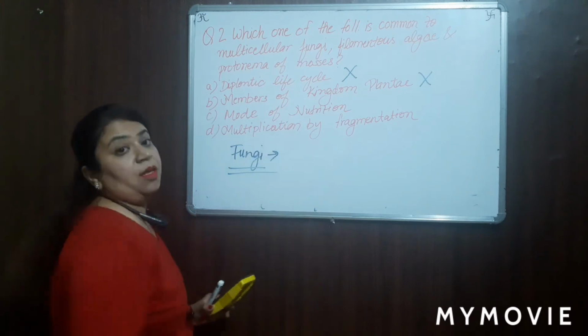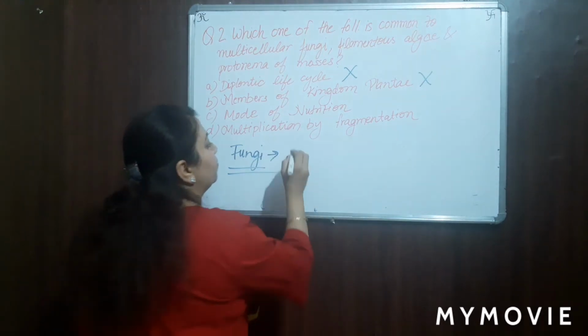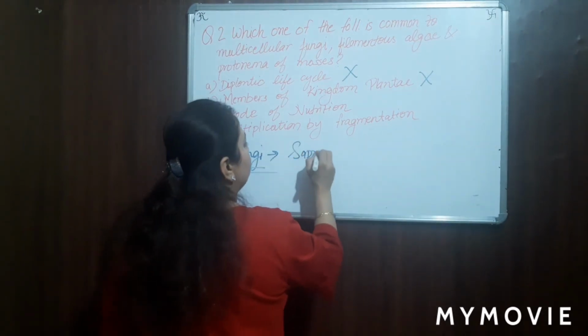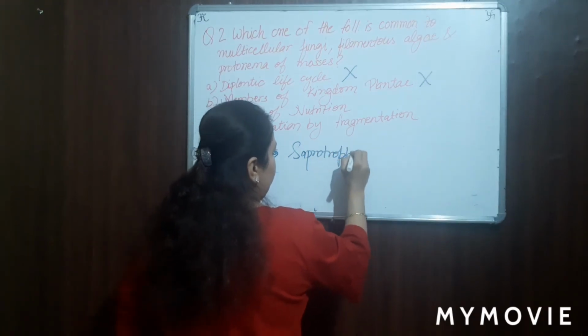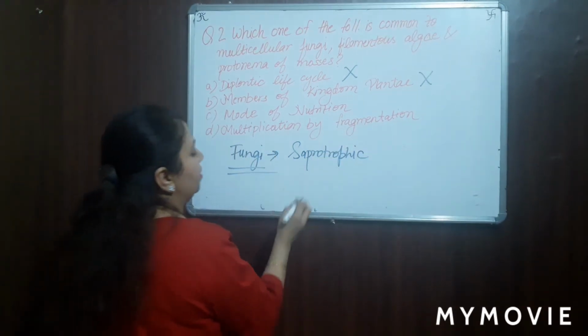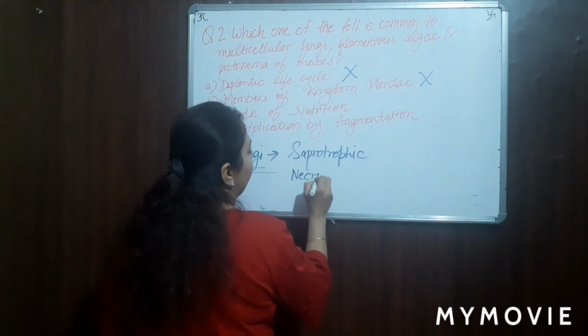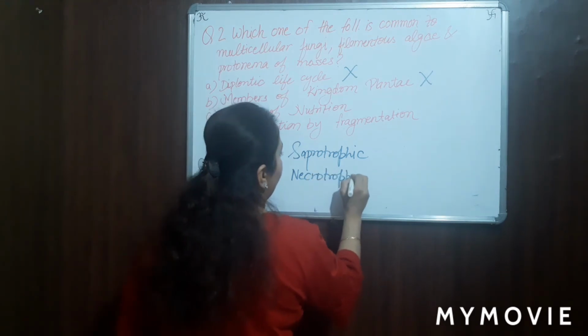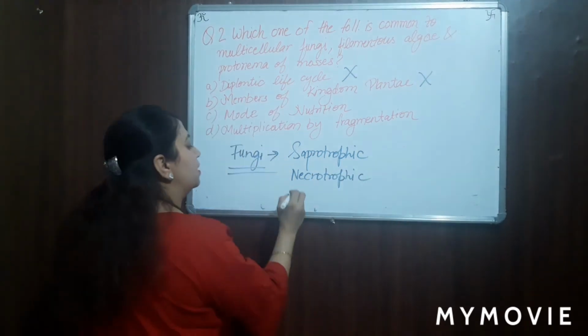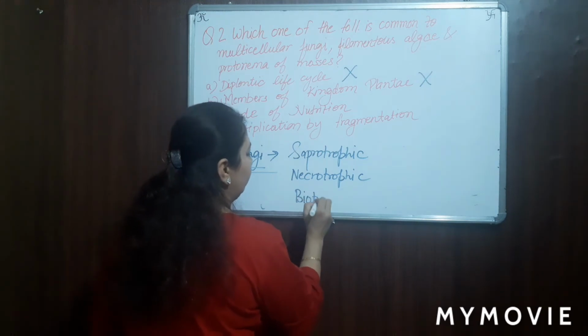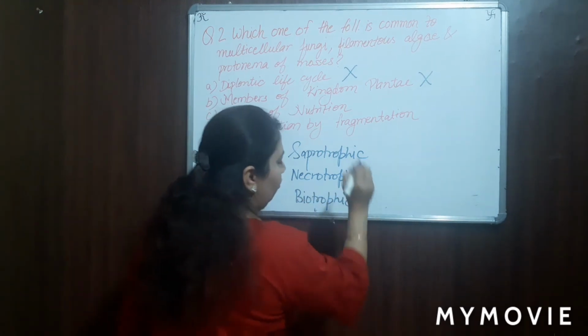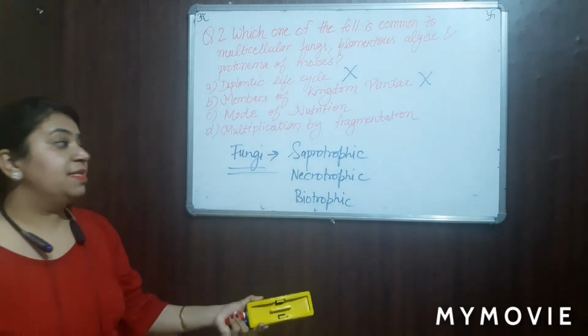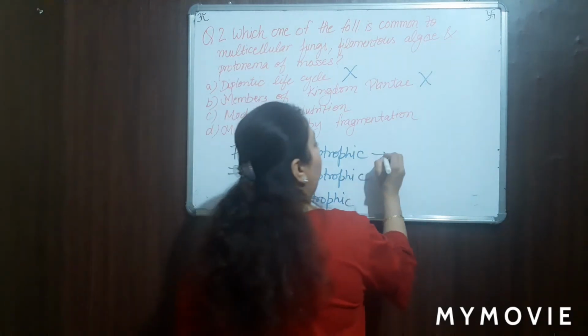In fungi, the mode of nutrition are three. One is saprotrophic. The second one is necrotrophic. And the third one is biotrophic. Right. Saprotrophic, it means they derive the nutrients from the dead organic matter.